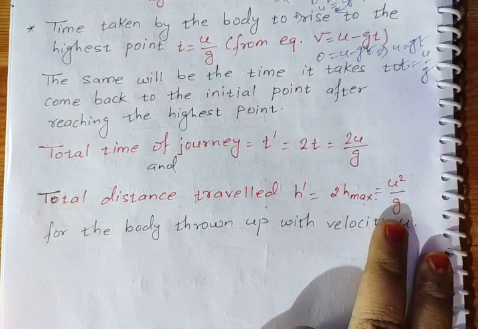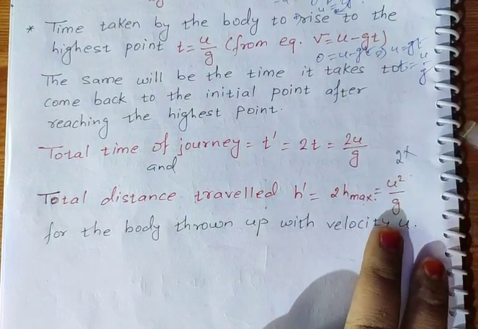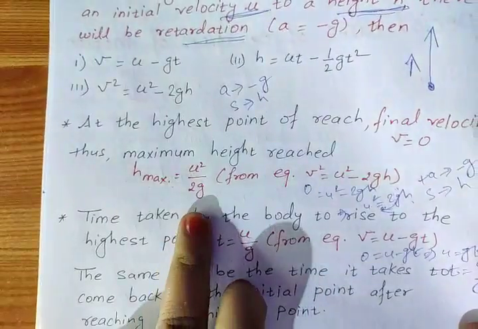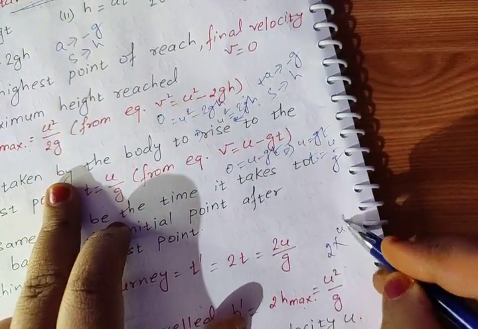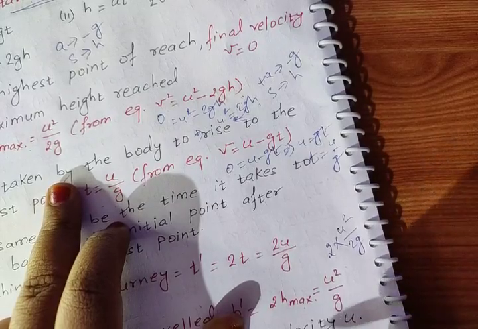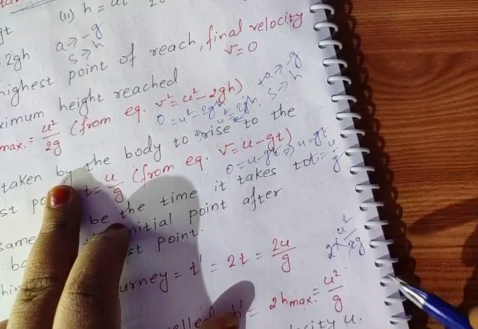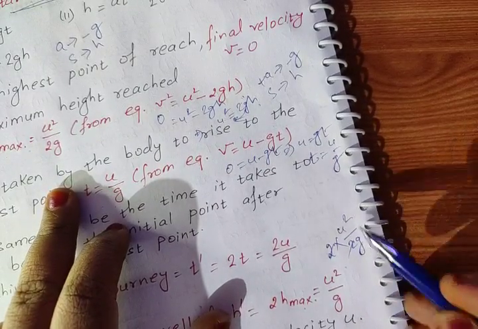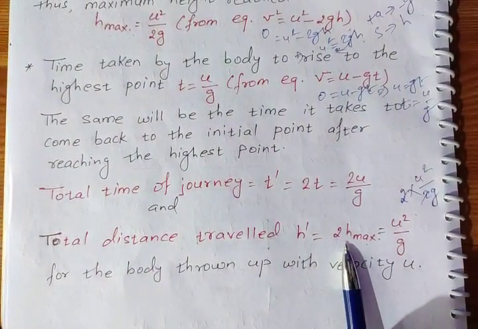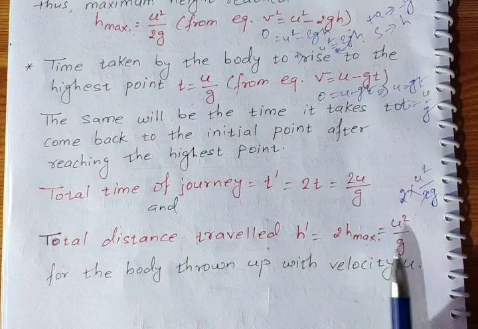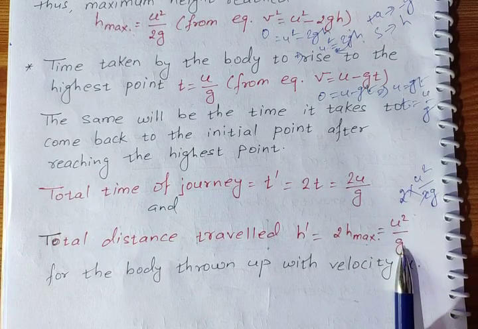So 2 into what is H maximum formula? U square by 2g. 2 cancel. How much we got left back? U square by g. So twice of H maximum formula is U square by g.